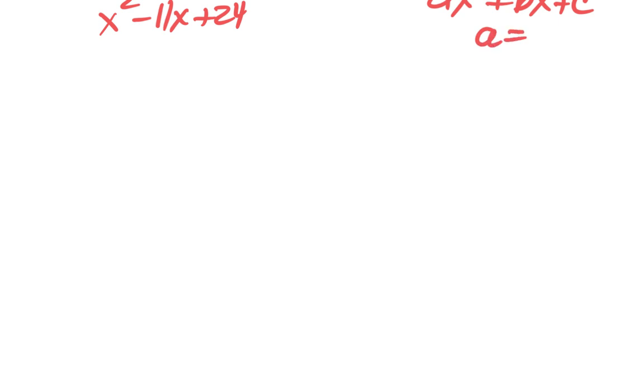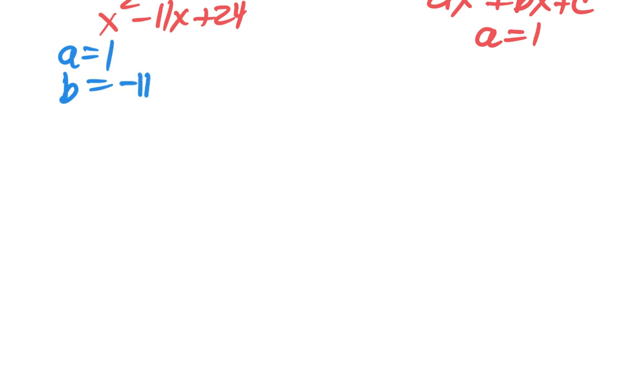And we still know that leading coefficient A is 1. Okay, let's write down what A is. A is 1, just like we showed there. B, the number in front of x, is negative 11.